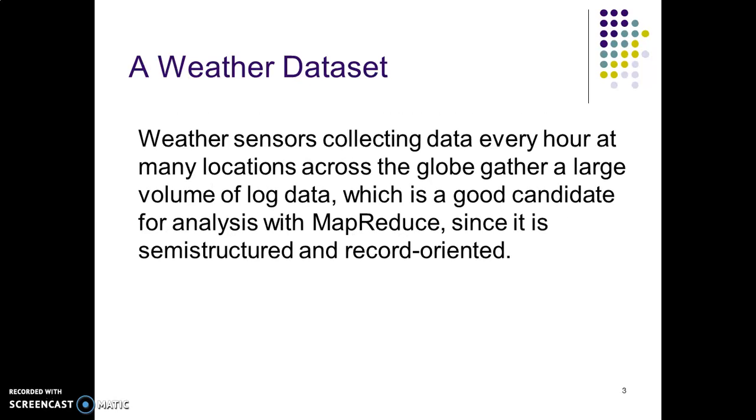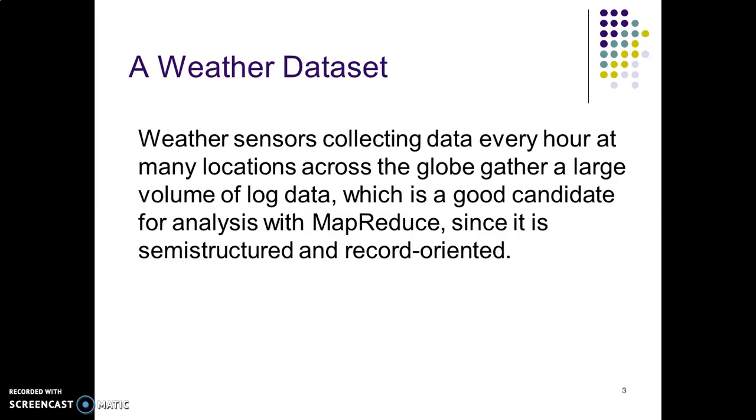As an example of working with data processing, let us consider a weather data set, which is a very good example because weather sensors collect data every hour at many locations across the globe and gather a large volume of log data. This becomes a very good example for our analysis with MapReduce.